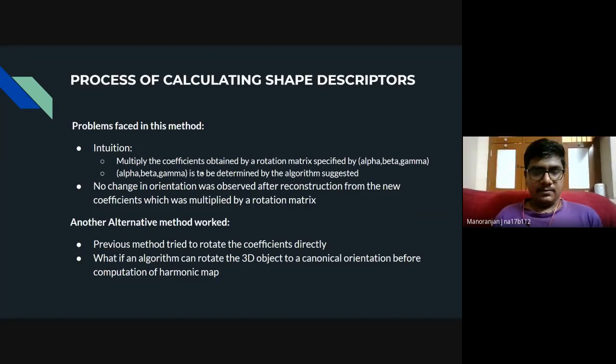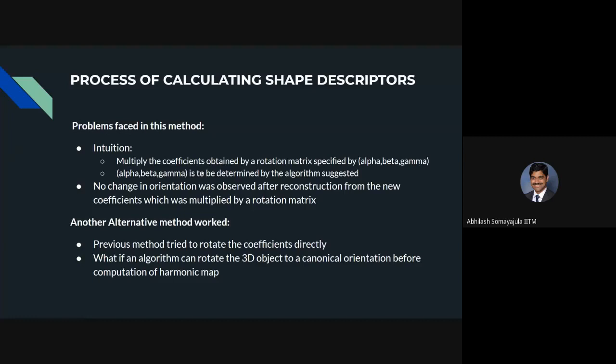Correct. So I would prefer if this process can be streamlined. I understand that the other process has helped us at least make some progress with respect to understanding how the canonical orientation turns out. But I would really like to see if this process can work out better. Got it, sir.